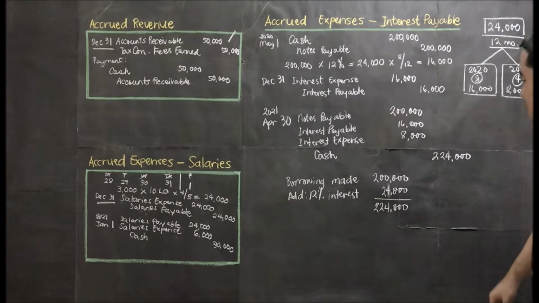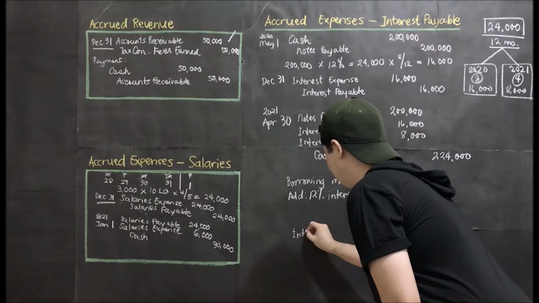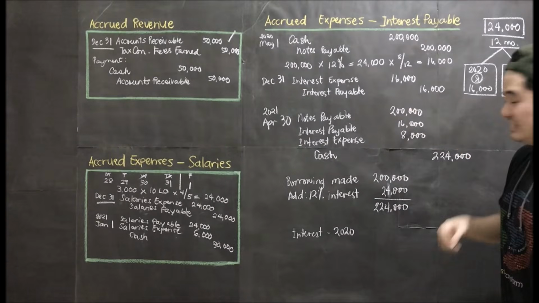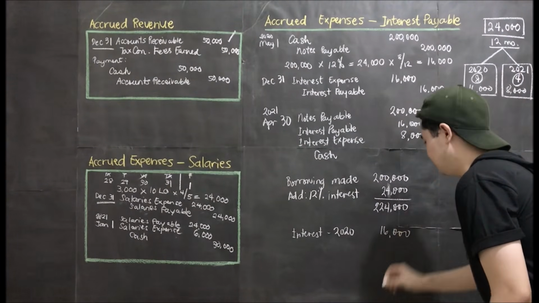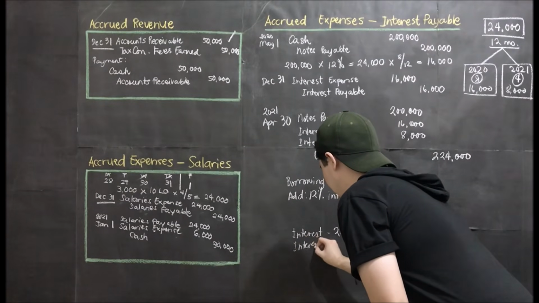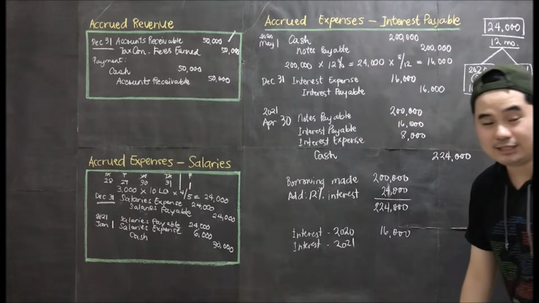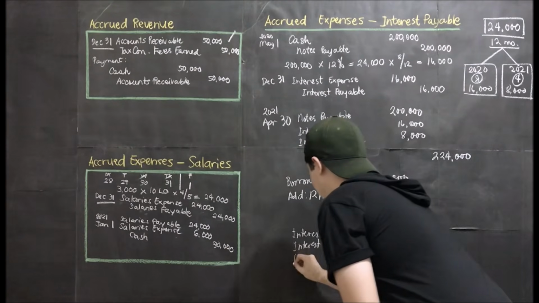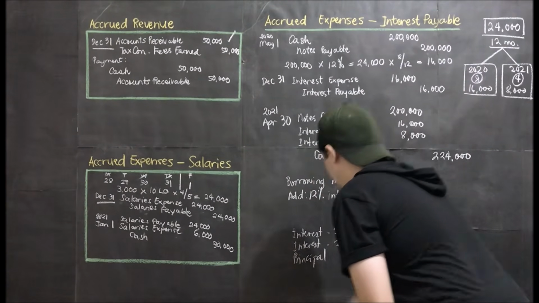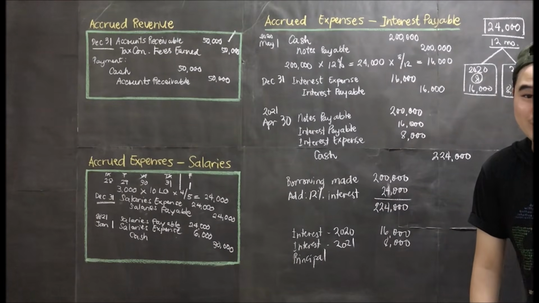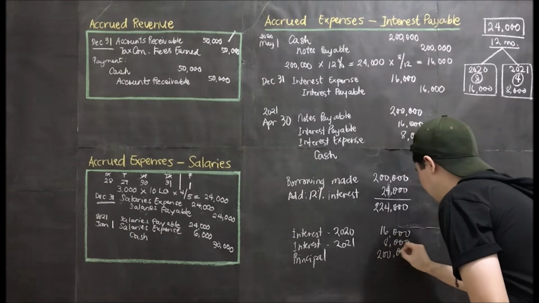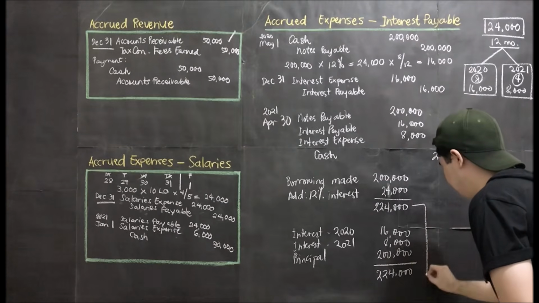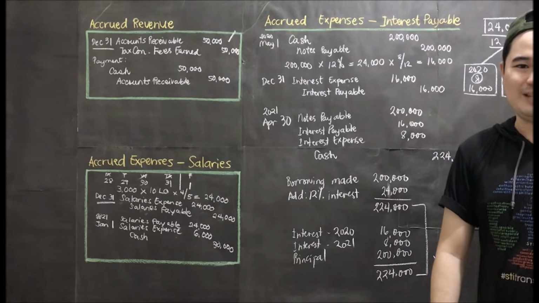Paano natin mare-reconcile? Interest in 2020 natin ay 16,000. Interest natin sa 2021 ay yung 8,000. At syempre, binayaran natin yung principal amount na 200,000. Yun po, yung 224,000.